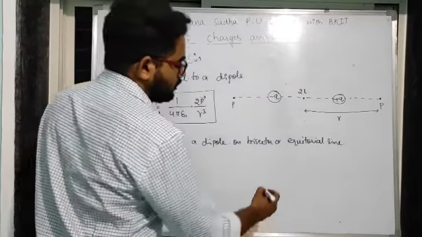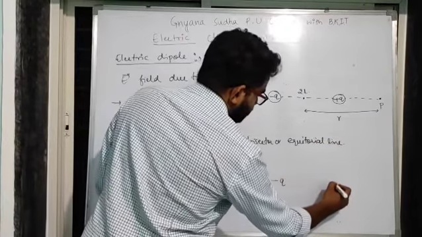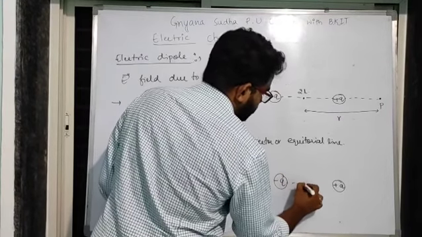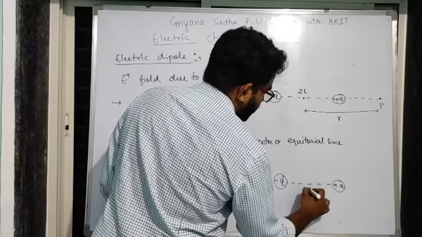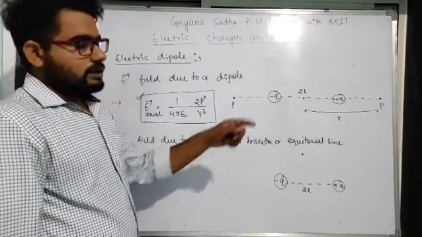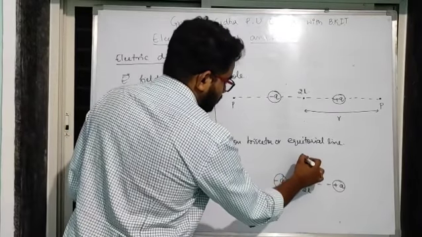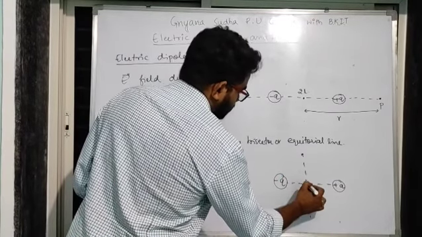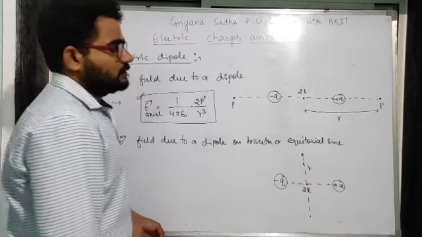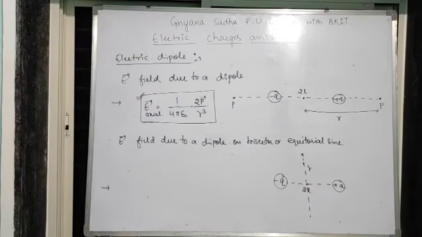Equatorial line means this is a negative charge and this is a positive charge, okay. There is a dipole with a distance of 2l. We are taking a point exactly in the middle like this. This length is r, this length is r.